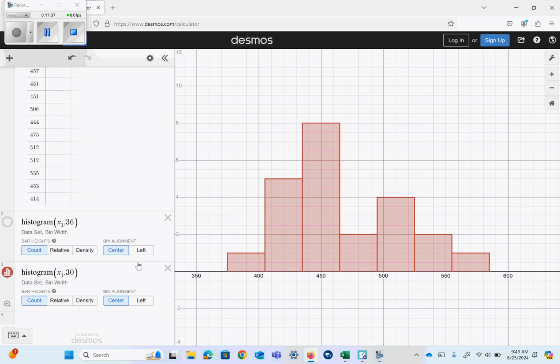So stem plots show each of the outcomes, and then you come across something called a dot plot. A dot plot looks a lot like a stem and leaf, but with stem and leaf, when you're looking at it, it's just data points. It's kind of vertical. It somewhat looks like a histogram.